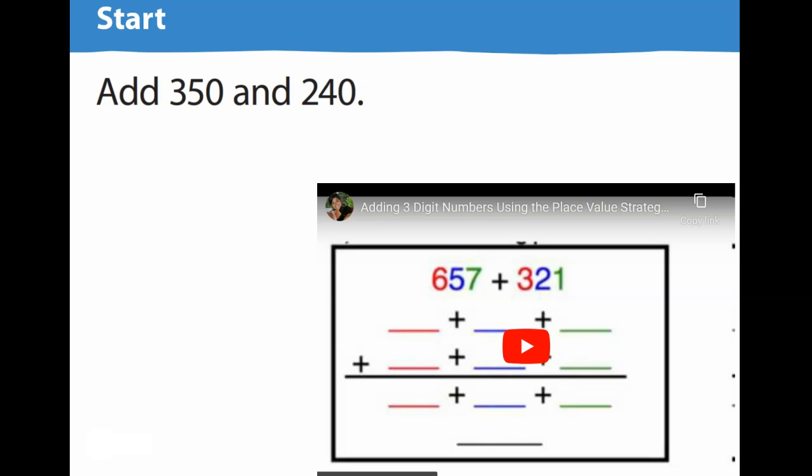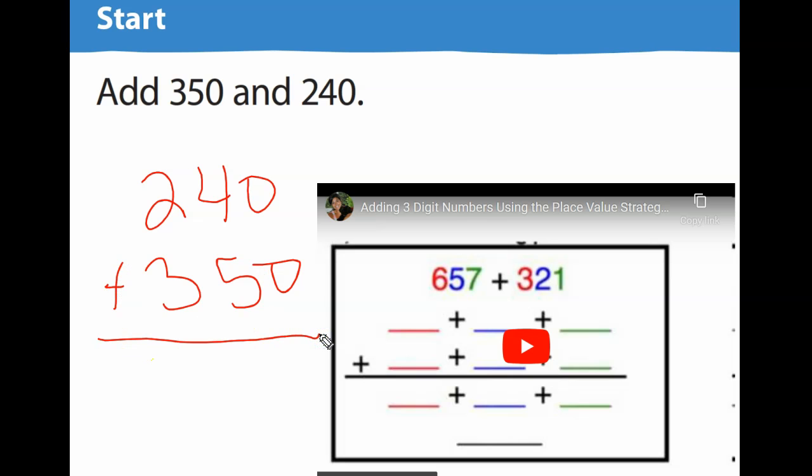No. So 240 plus 350. All right, here's the ones place. What's 0 plus 0? 0. 4 plus 5? 9. 3 plus 2 plus 3?